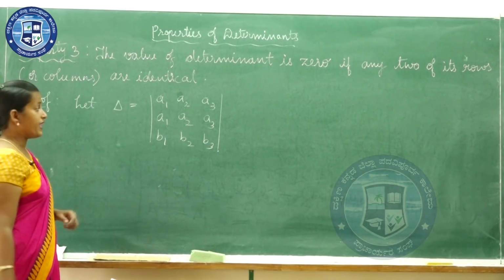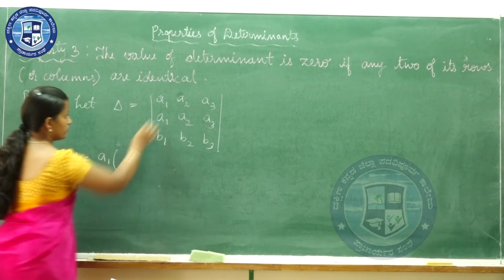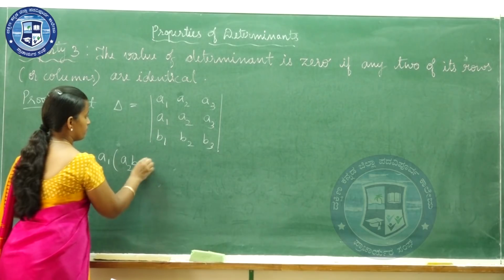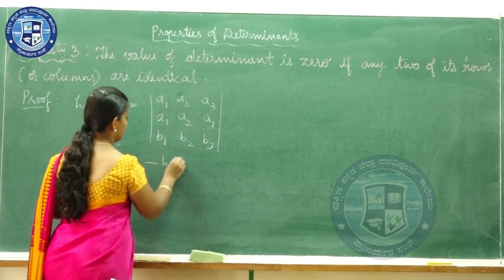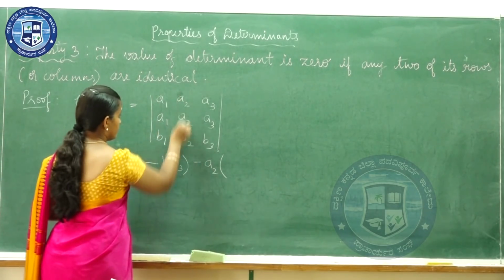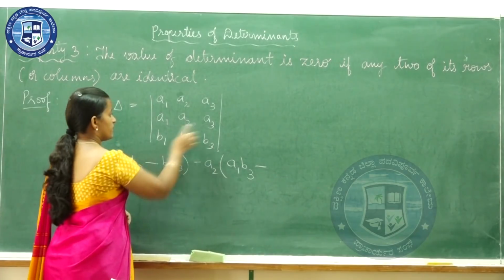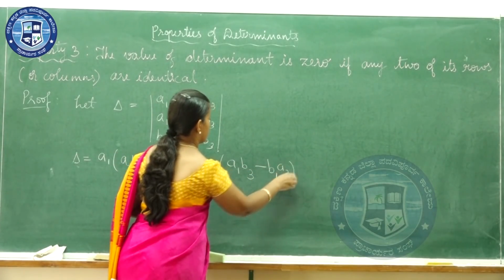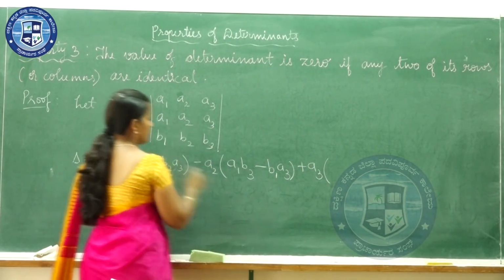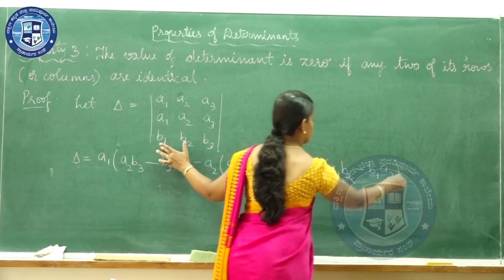Okay. Now let me expand this determinant. Delta equals A1 into, delete this, so A2 B3 minus B2 A3, change the sign, minus A2 into, delete this, so A1 B3 minus B1 A3, plus A3 into A1 B2 minus B1 A2.